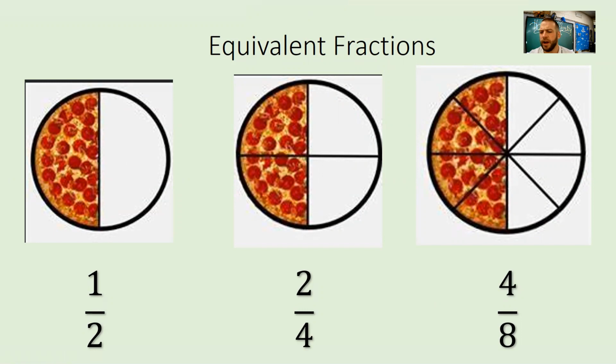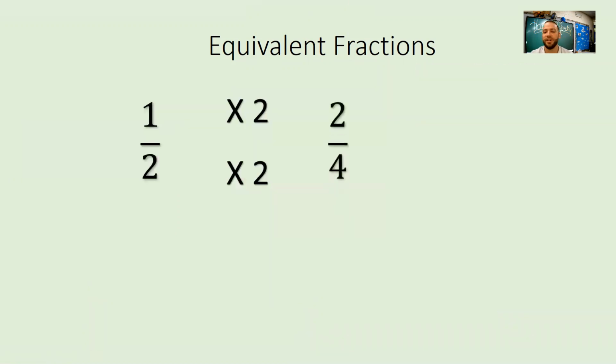Are there more equal fractions to 1/2? Yeah, how many more? A lot more. Let's look at some examples of fractions that are worth the exact same amount as 1/2. Well, remember, to make an equal fraction, you have to multiply the top number and the bottom number by the same number.